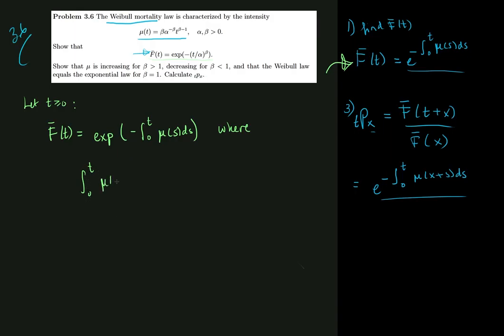So the integral of the mortality rate is given by the integral from 0 to t of beta times alpha to the minus beta times t to the beta minus 1 dt. And since I'm integrating up to t, it's probably a pretty bad idea that I have t inside the integral as well, so I just take s to the beta minus 1 ds.